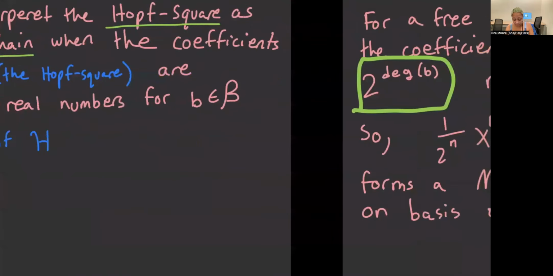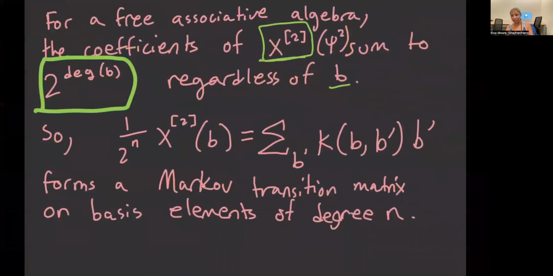But for free associative algebras, it's even cleaner than that. It's even nicer than that, because you can say that the coefficients sum to 2 to the degree of B, regardless of what basis vector you're putting into it. So you get this function, which you can see here, which forms a Markov transition matrix on basis elements of degree n.